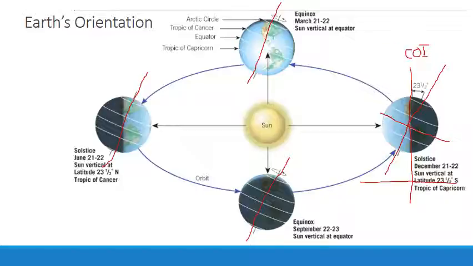On days between these two extremes, Earth's axis leans at amounts less than 23.5 degrees relative to the rays of the sun.